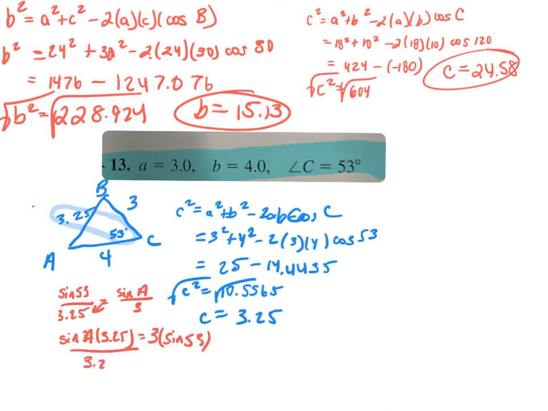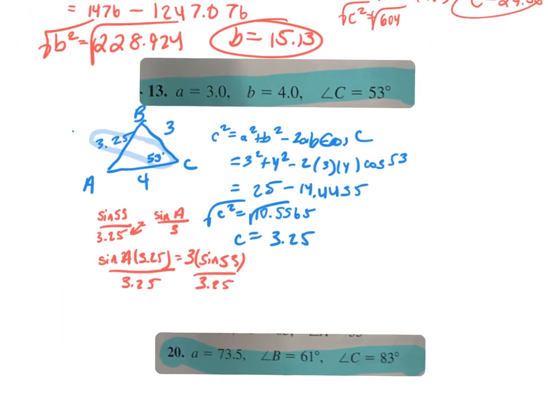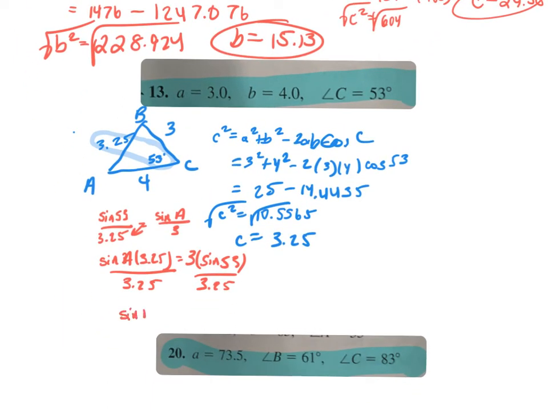Divide both sides by 3.25. And I get that the sine of A is 3 times the sine of 53 divided by 3.25.